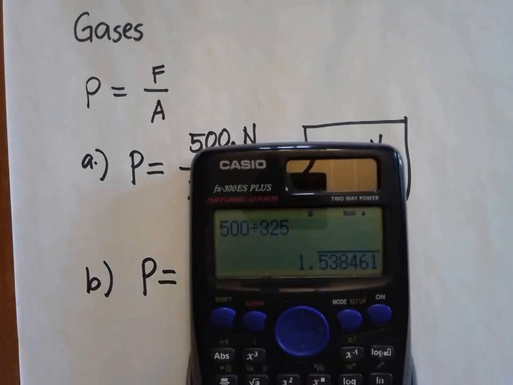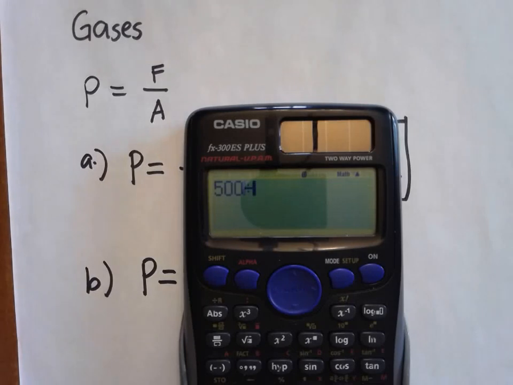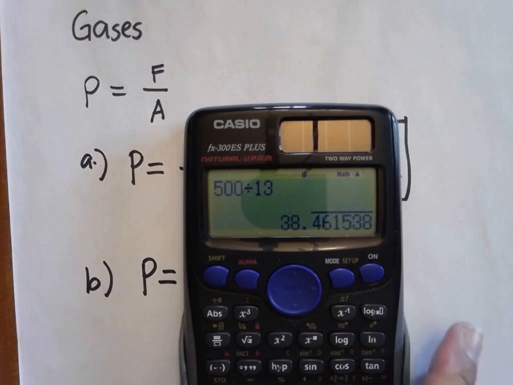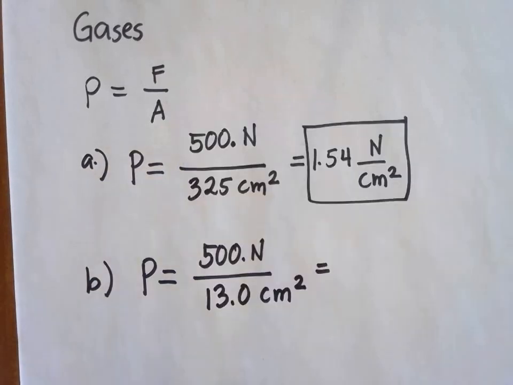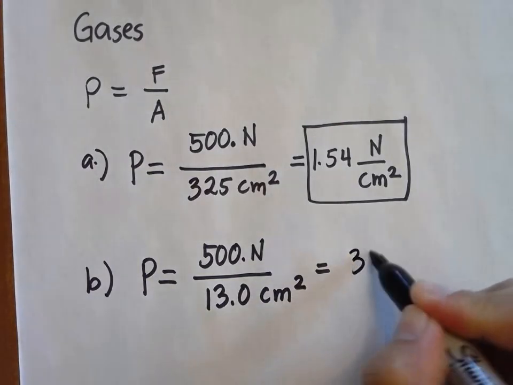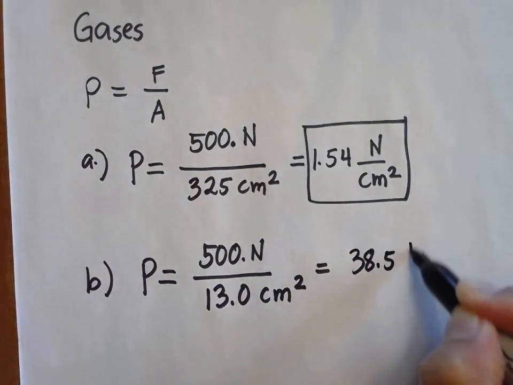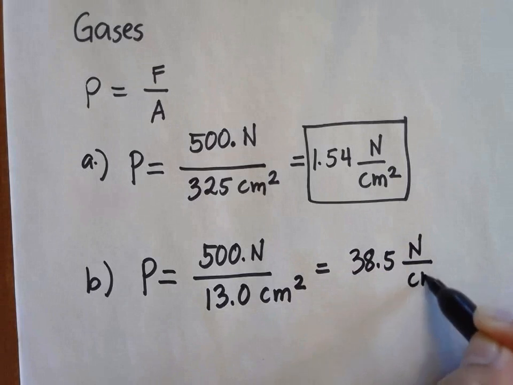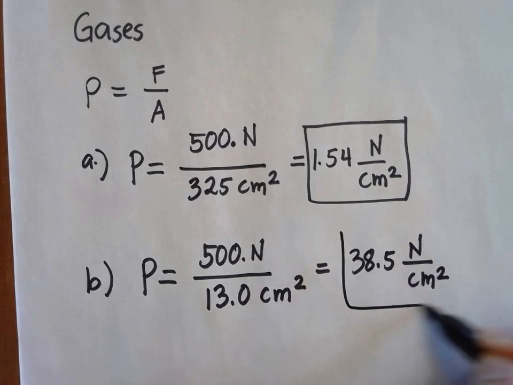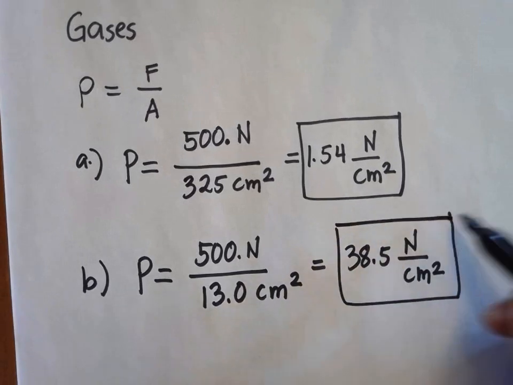So go ahead and divide 500 divided by 13. Okay, so the answer is 38.46. Then we'll round this to 3 significant figures, so that makes it 38.5 newton per cm squared.